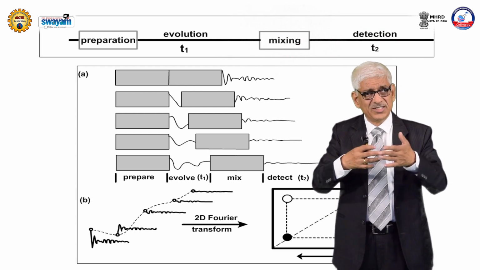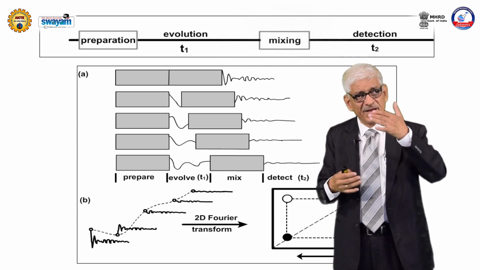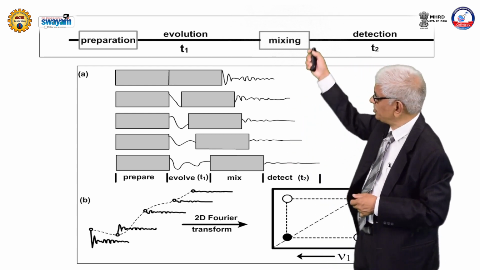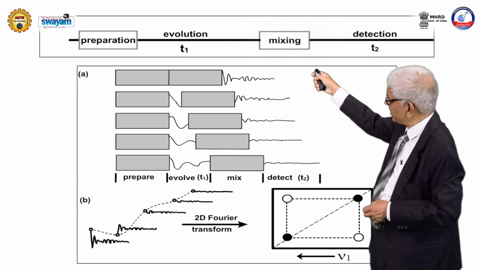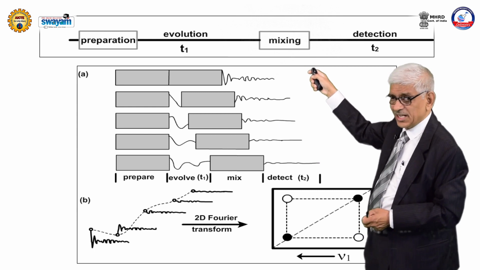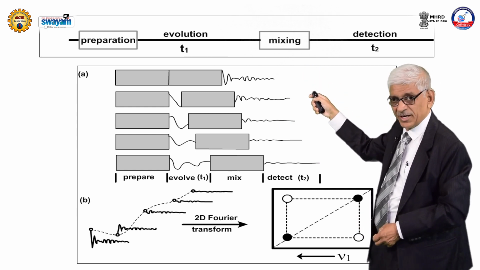Now, I do this experiment several times, not just once. What do I do in this? I keep incrementing this t1 period systematically. As you can see, from top to bottom there are multiple experiments done. In the first experiment the t1 period is 0. In the second experiment, a certain time period t1 is given, a certain increment.